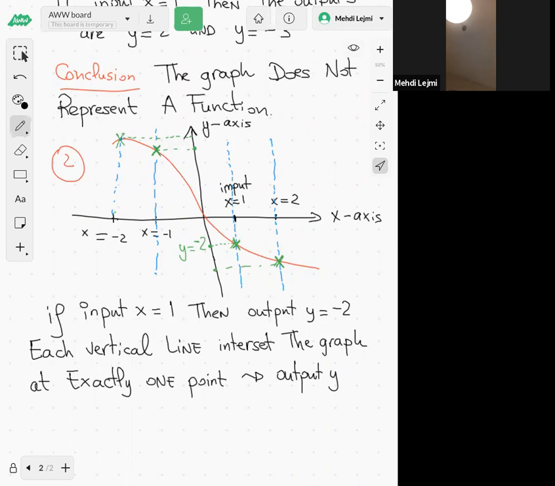So this graph, in this case, represents a function.